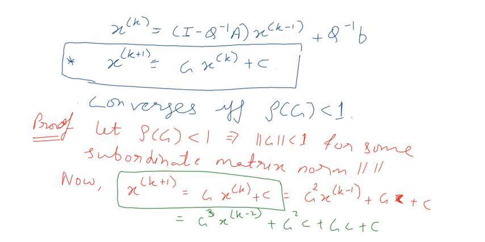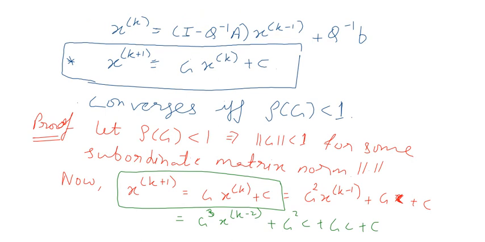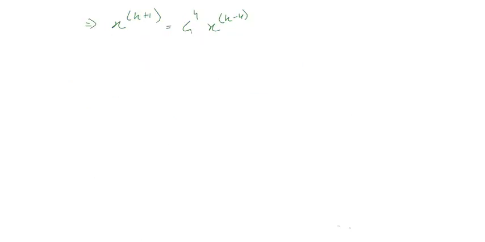If you go one more step further, x of k plus 1 equals G to the power 4 x of k minus 3 plus the summation over j equals 0 to 3 of G to the power j c.